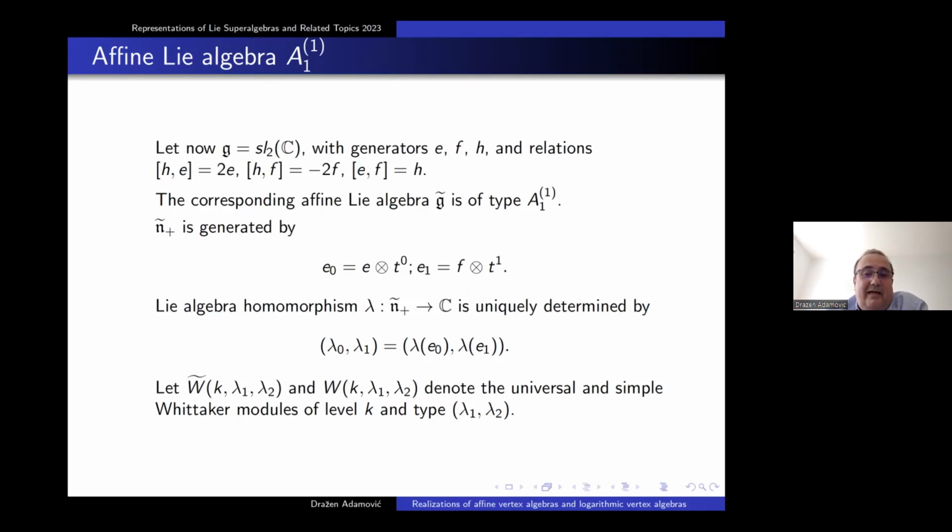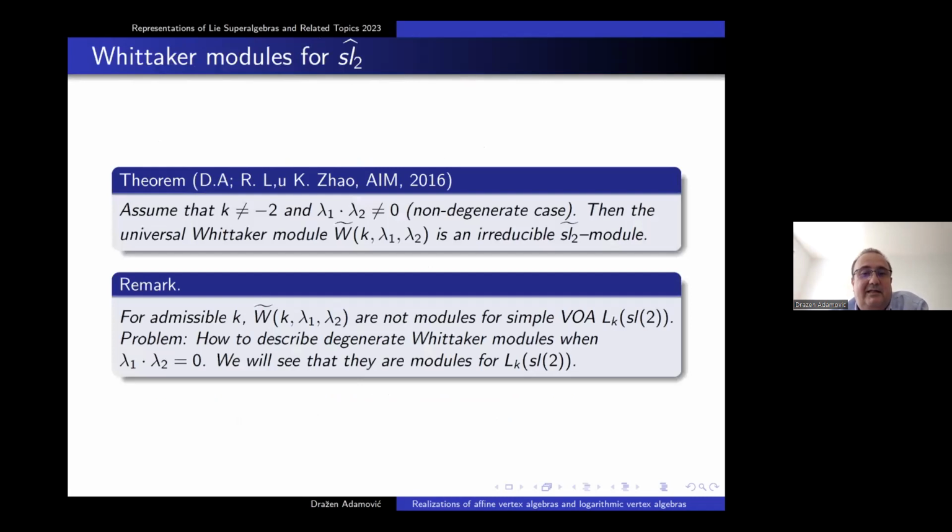And now we should have an explanation of what is universal and what is simple. What is universal is described in a joint paper with Rencai Lu and Xiamen Zhao. It's almost 10 years since we wrote this paper. So assume that the level is not critical, and we have the non-degenerate case.